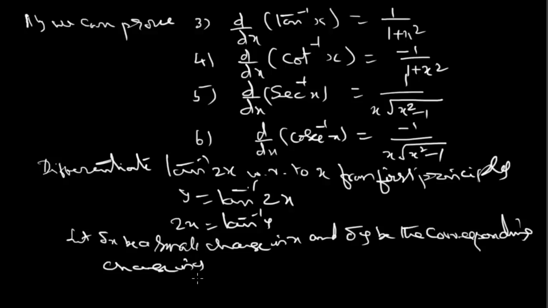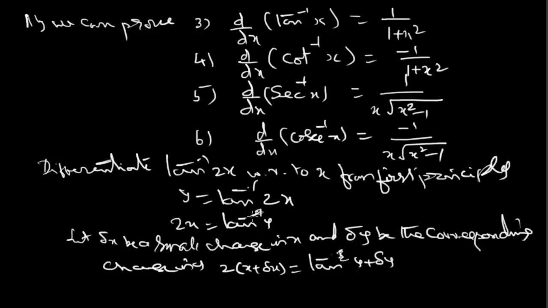Then wherever x is there, x plus delta x: 2 into x plus delta x is equal to tan of y plus delta y.